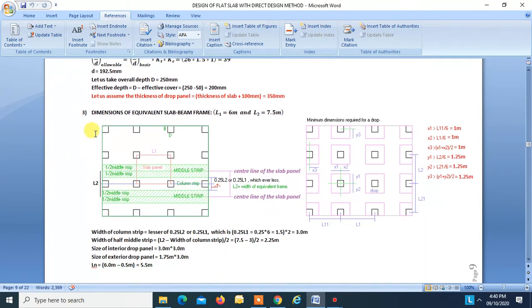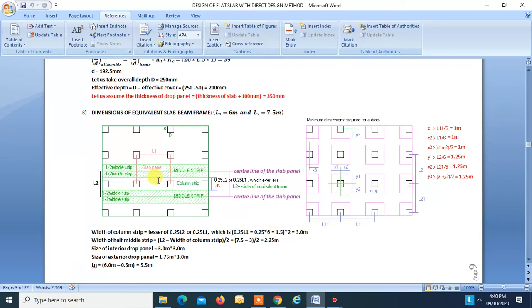Now, dimension of equivalent slab beam frame: L1 is 6 meters, L2 is 7.5 meters. First we will find the width of the column strip. Column strip is the lesser of 0.25 L2 or 0.25 L1. L1 is 6 meters, L2 is 7.5 meters, so definitely it will be 0.25 L1, that is 0.25 into 6, equal to 1.5 meters.